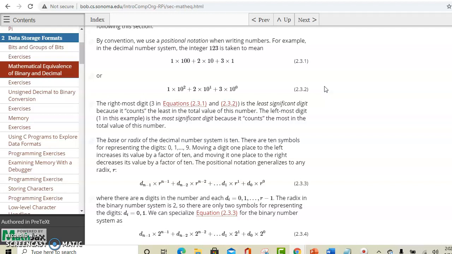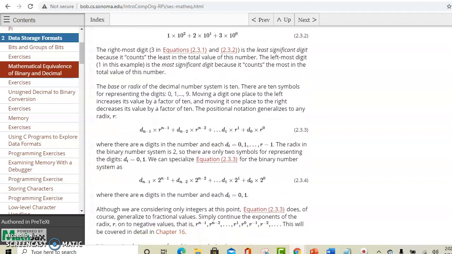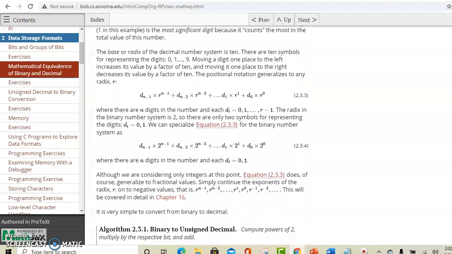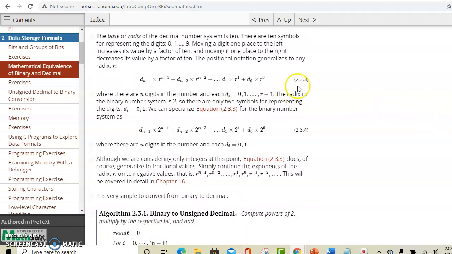Now that we know its base and its positional notation, we know what to multiply the value by. Knowing the base, or the radix, of a number is a good way to represent it. The figure in 2.3.3 is the way that we can calculate the value of any number based on its base and its positional notation.